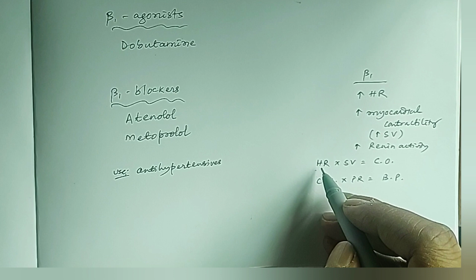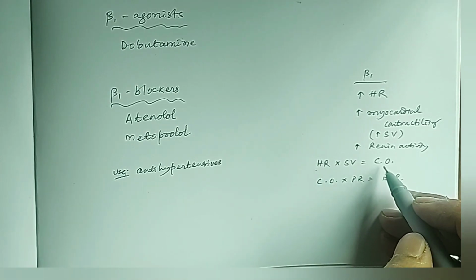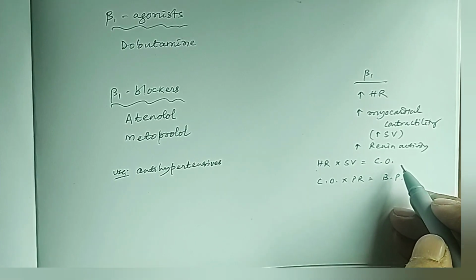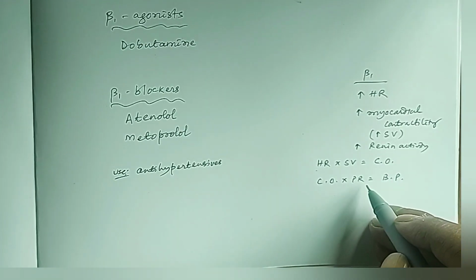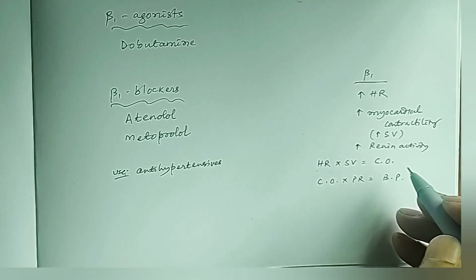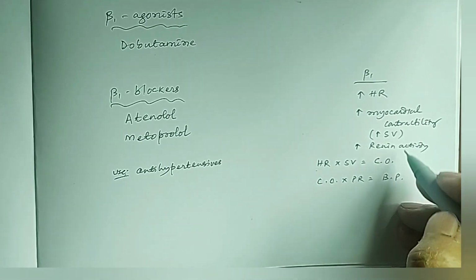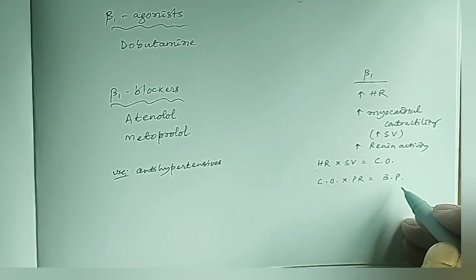So into number of strokes or heart rate will give us the volume of blood ejected per minute, that is cardiac output, and cardiac output into peripheral resistance is blood pressure. So by increasing heart rate and increasing stroke volume, cardiac output increases and hence blood pressure will also increase.